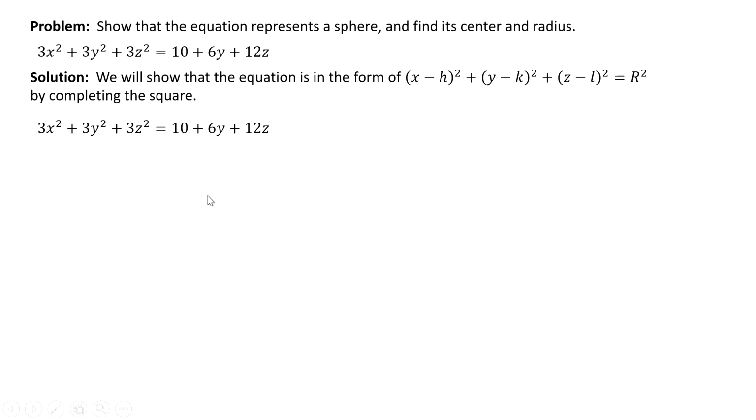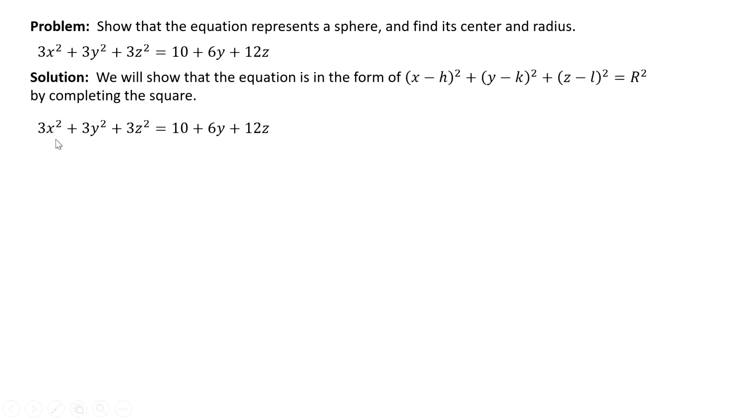Wait, this is the given equation. Ah, no, this cannot be the equation of a sphere, right? Because notice, if we expand x minus h, the quantity squared, you get x squared minus 2hx plus h squared. So the coefficient of x squared would actually be 1. Similarly, the coefficients of y squared and z squared would be 1.